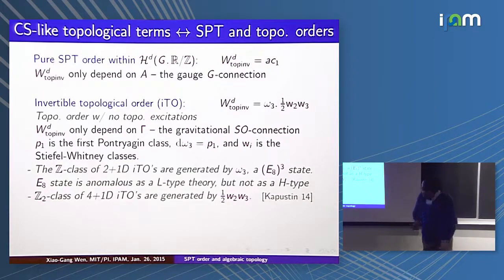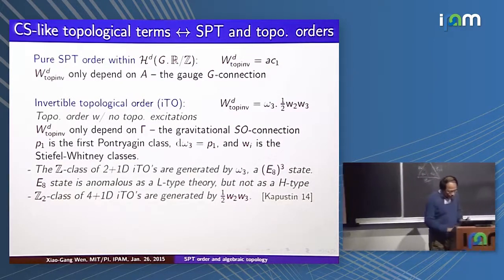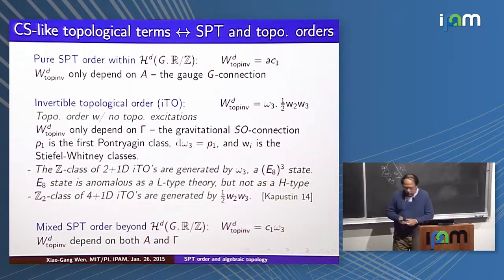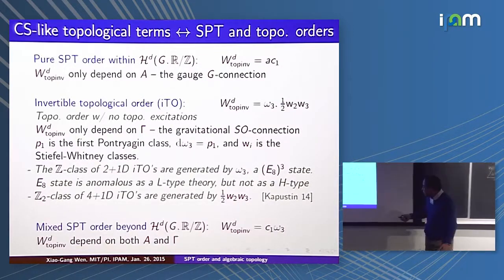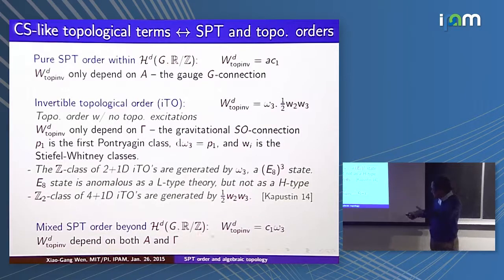Okay, and with this preparation, it's very easy to see that the mixed SPT states are simply those which have a Chern-Simons term with mixed gauge and gravity. In this example, the gauge part is like U(1). This Chern class is related to the U(1) gauge field, and this gravitational Chern-Simons term W3 is the gravity part. So this is a mixed part.